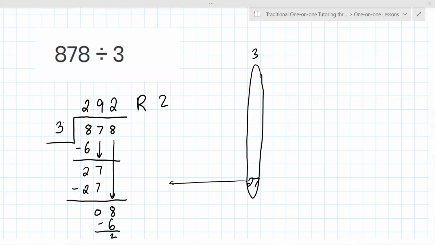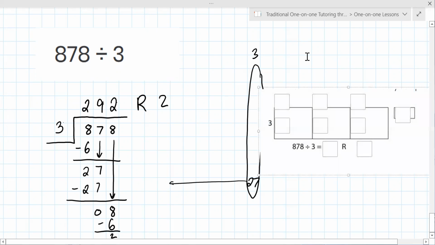Okay. Now, what's kind of odd here, let me just pull up your thing here. So I guess I'll snip it in here. It's kind of a little odd, but the way you're being asked to do it is the 878 goes under. You can think of our house as being right here.